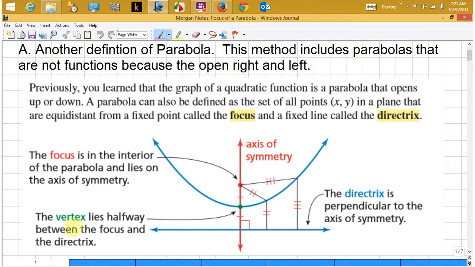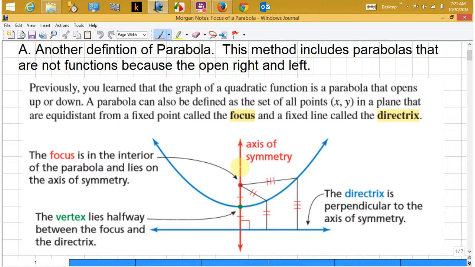A couple of definitions we should be aware of: the vertex is going to be halfway between the focus and the directrix. So whatever the distance is from the focus to the vertex, the distance from the vertex to the directrix has to be the same. The directrix is this line, and it will be perpendicular to the axis of symmetry of the parabola.